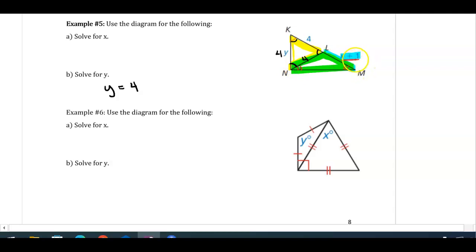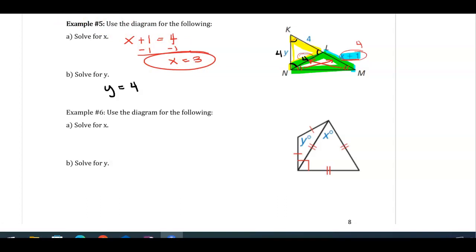Remember, two equal angles means I have two equal sides, the opposite sides from these angles. So this side and this side would have to be equal. Because when I solved for y, I found this is 4, this has to be 4 as well. To solve for x, I can say x plus 1 equals 4. Subtract 1 on both sides, and x is equal to 3. So x is equal to 3, and y is equal to 4.